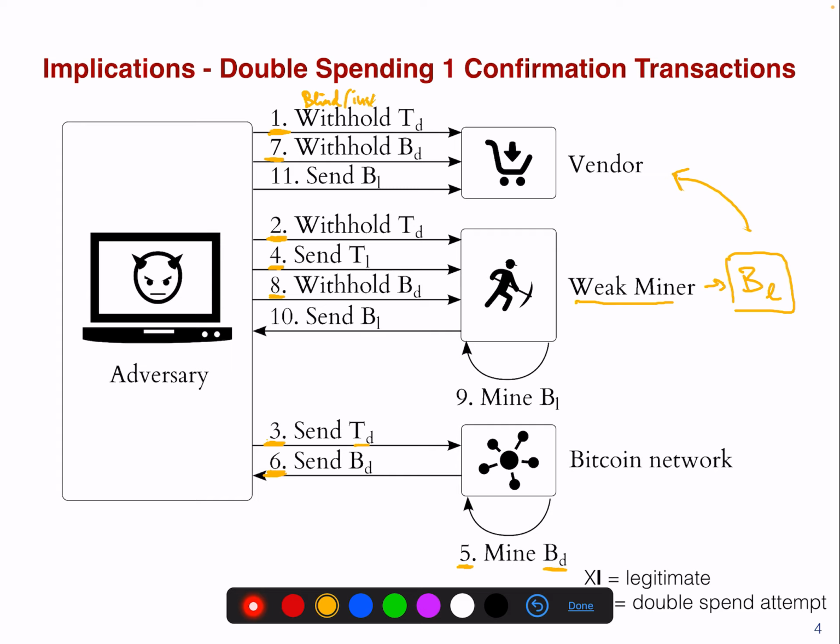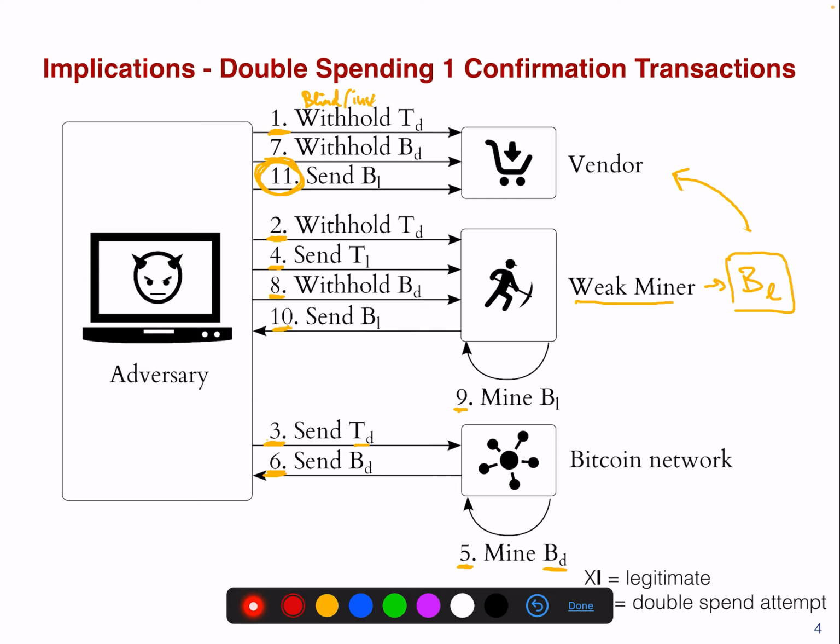And then in step number 9, finally the weak miner finds a block with the legitimate transaction included. And then the adversary will receive this block BL, and finally in the last step he will send the block with the legitimate transaction to the vendor.